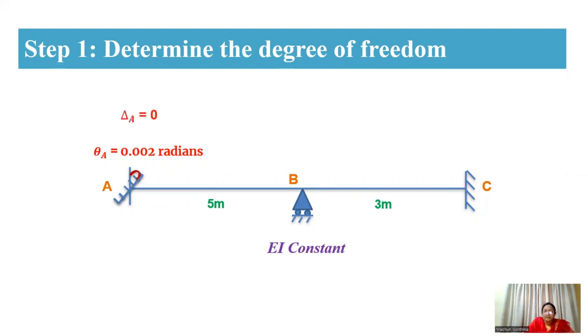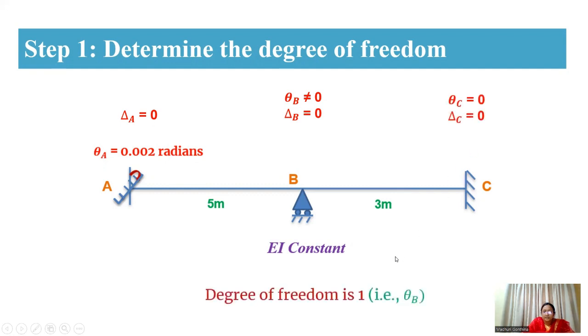Now here delta A is equal to 0, but theta A is 0.002 radian. Whereas at the B support, theta is not equal to 0, that means rotation is there, but delta B will be equal to 0. And at C support, both theta and delta are equal to 0. So here the degree of freedom will be equal to 1, that is theta B you are going to find out. So this is your step 1.